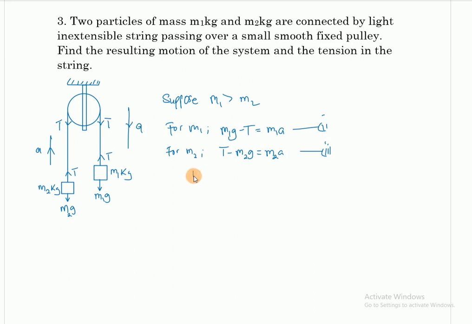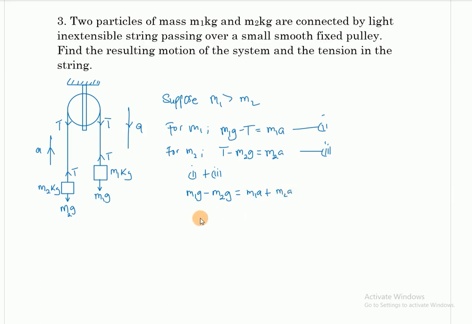Get equation 1 and add it to equation 2. When you do that, we shall be eliminating T. So we have m1g minus m2g equal to m1a plus m2a.